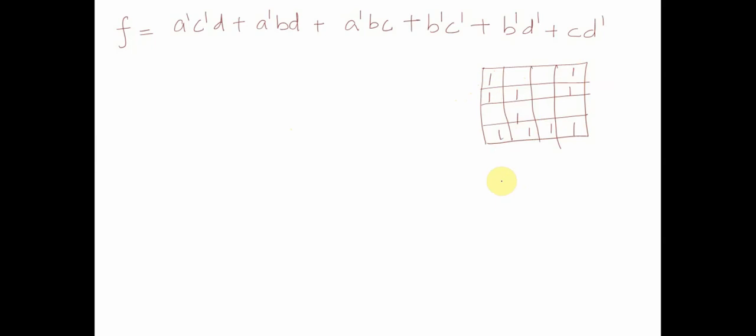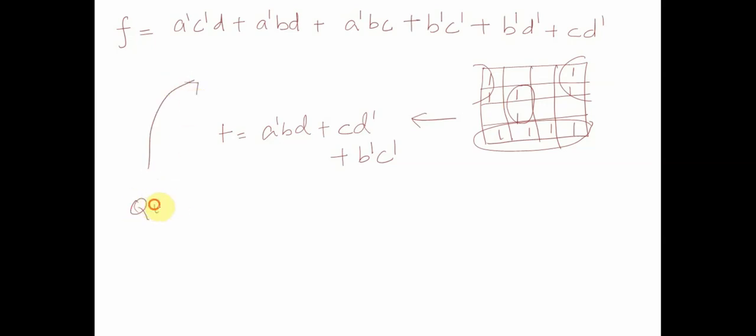Is further minimization possible if we use a K-map? Yes, it is possible. If I use this as the first group, this is the second, this is the third group, then using the K-map my function f would be equal to a bar b d plus c d bar plus b bar c bar. So basically, the purpose of looking at this is the Quine McCluskey method.